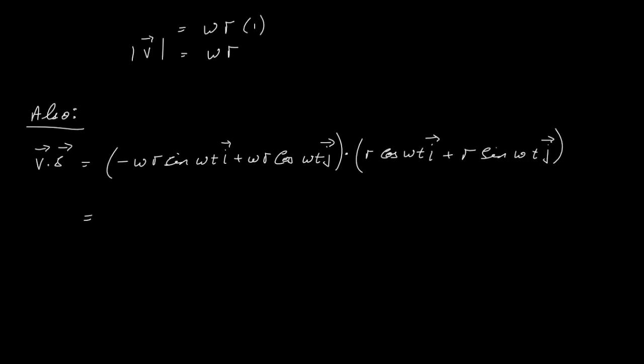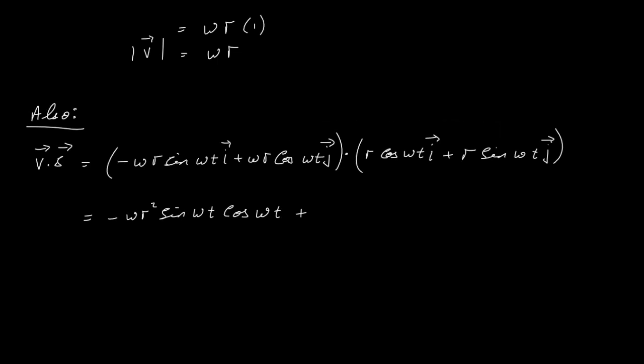So to do the dot product, we just simply multiply these two and these two here. So let's do that. So minus times plus is going to be minus. We've got omega r times r, which is omega r squared. We've got sine omega t times cos omega t. So we leave out the i's when we're doing this, and we multiply these two here then as well.